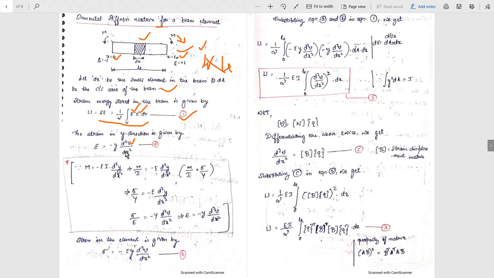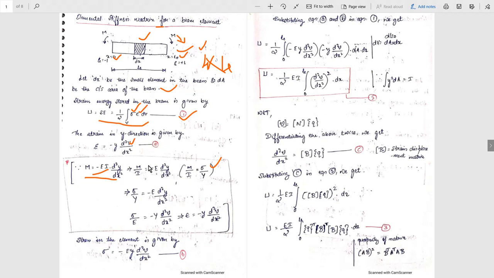So how did we get this strain as -y d square v by dx square? We know the bending moment equation for beam is given by M equal to -EI d square y by dx square. Rearranging this, taking I on this side, we get this expression from the bending moment equation. We know M by I equal to sigma by y.